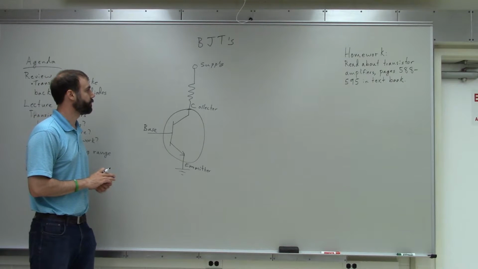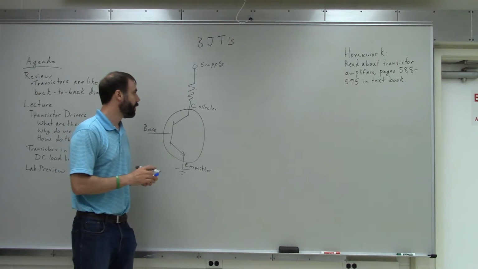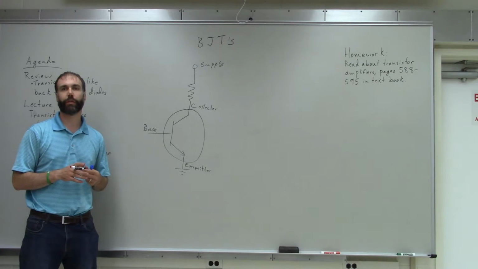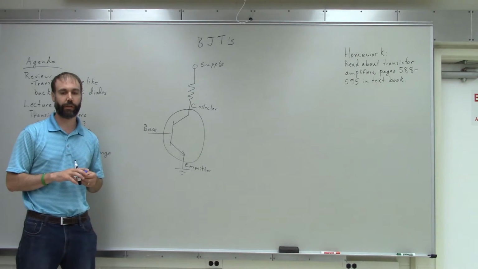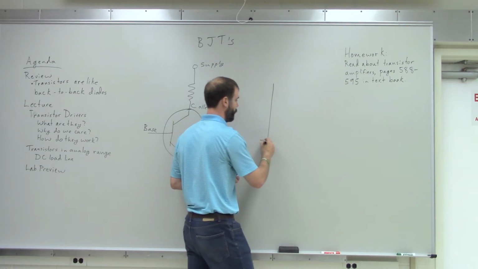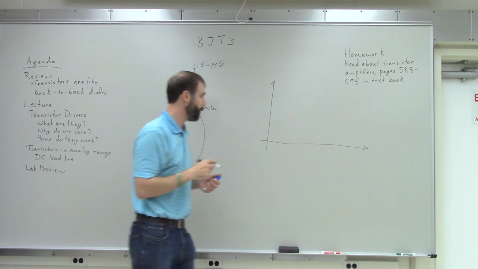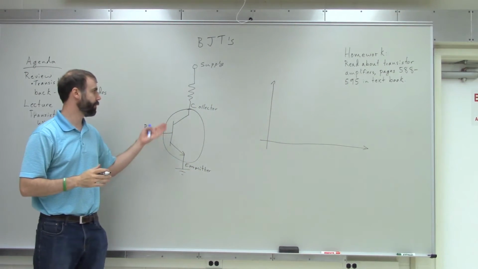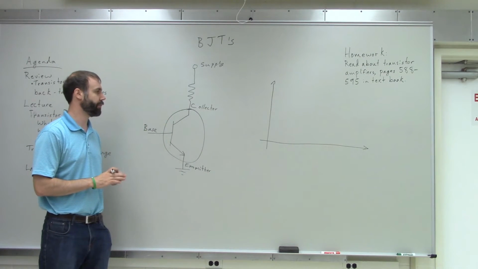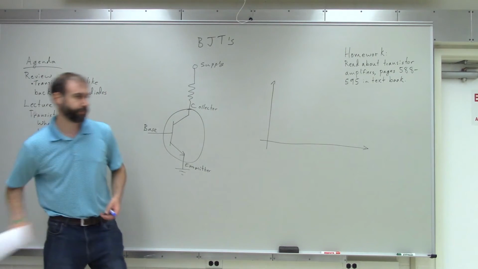What we want to do when we have a transistor set up like this is show something called a DC load line. So this is a graph, and the graph shows the amount of current that's flowing through the transistor versus the voltage.